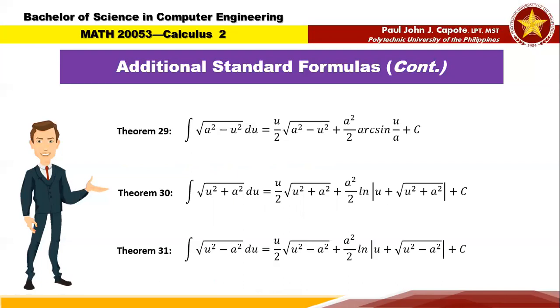And theorem 31 states that the integral of the square root of u squared minus a squared du is equal to u over 2 times the square root of u squared minus a squared minus a squared over 2 times the natural logarithm of the absolute value of u plus the square root of u squared minus a squared plus c.